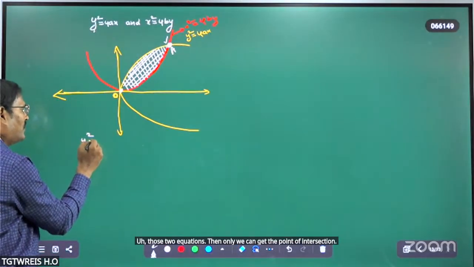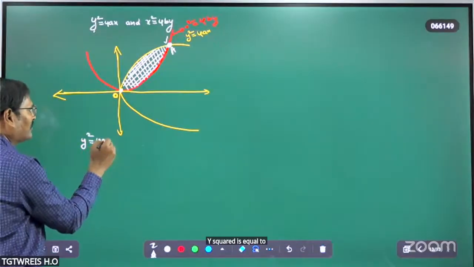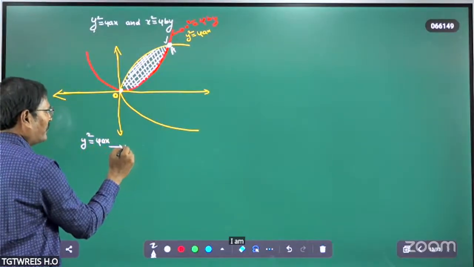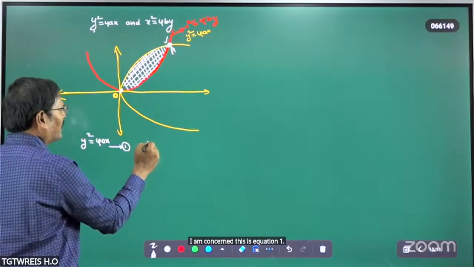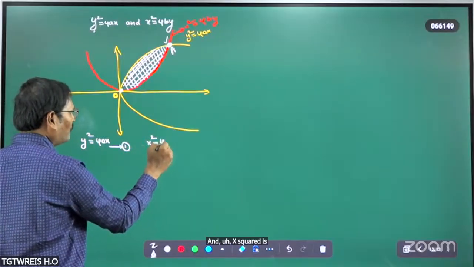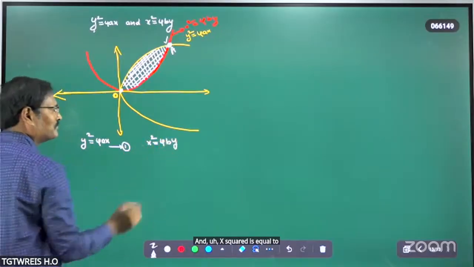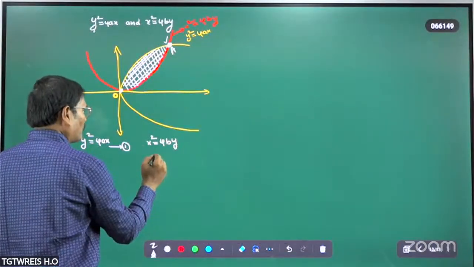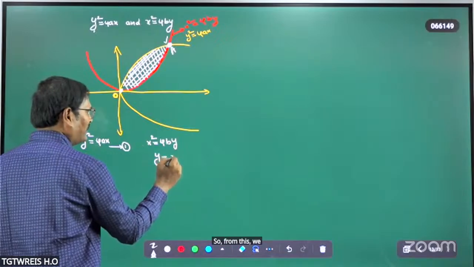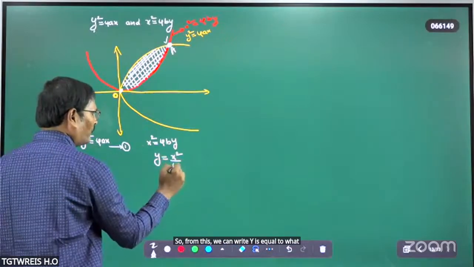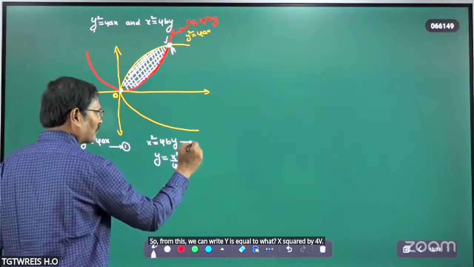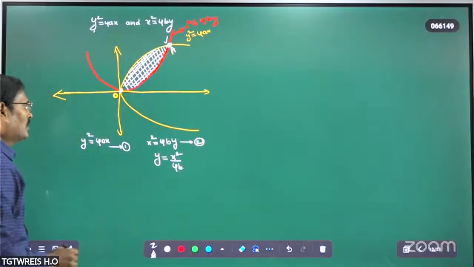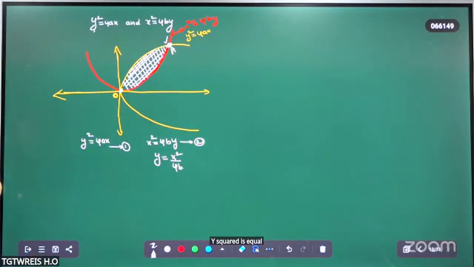y square is equal to 4ax. I am considering this is equation 1. And x square is equal to 4by. So from this we can write y is equal to what? x square by 4b. y square is equal to 4ax and x square equal to 4by.